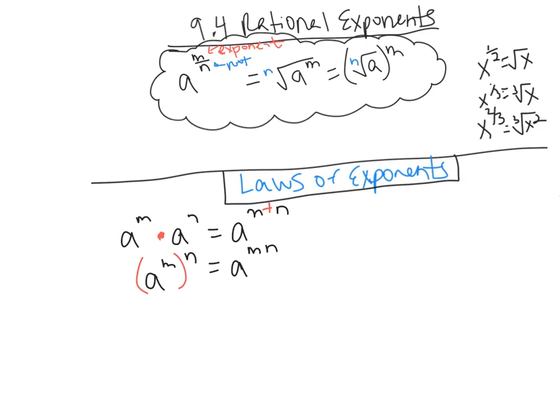Well, what if we have two numbers multiplied and then on the outside raised to another exponent? Well, here I just can distribute that exponent to each base. So this would be a to the m times b to the m.